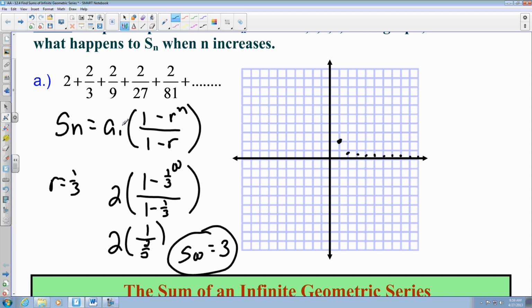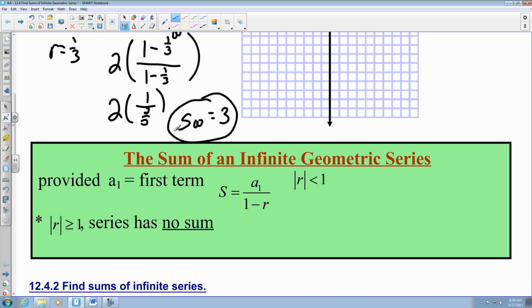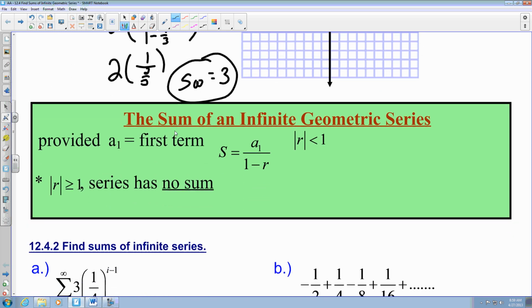Now you don't necessarily have to use this formula. We have a new formula that's going to help us find the sum of an infinite geometric series. If we know the first term, which is a sub 1, we can find S to infinity by taking a sub 1 divided by 1 minus r. It only works as long as the absolute value of r is less than 1.